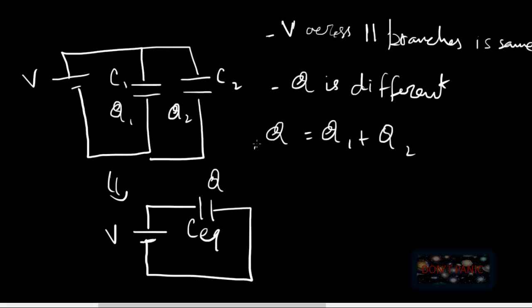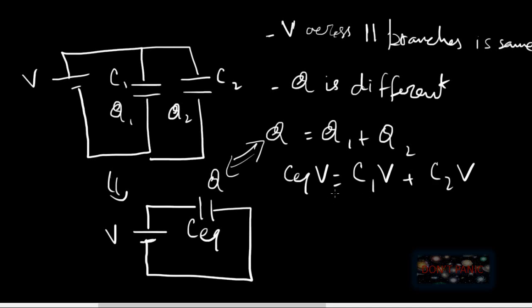And these two Q's are the same. So this Q is equal to equivalent capacitance times voltage. Q1 is C1 times voltage, and Q2 is equal to C2 times voltage. The voltage cancels, so the equivalent capacitance is equal to C1 plus C2.